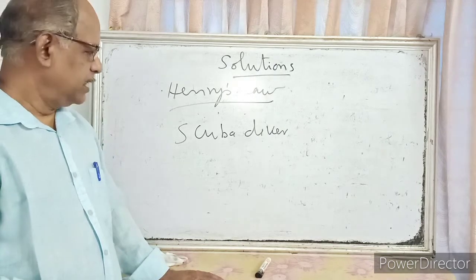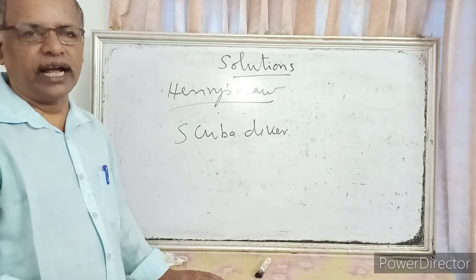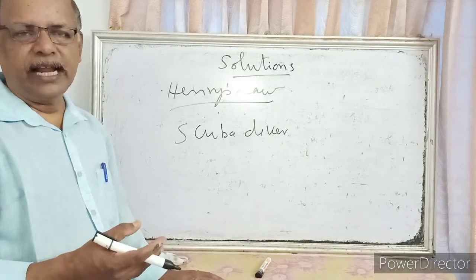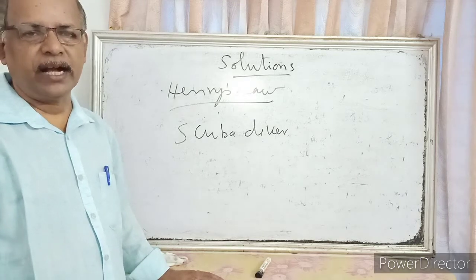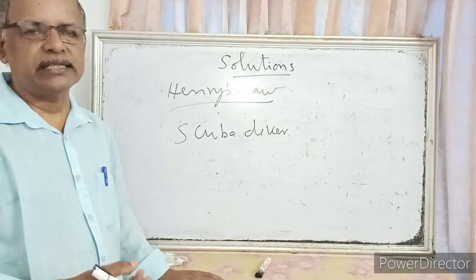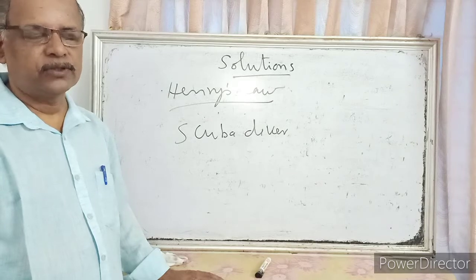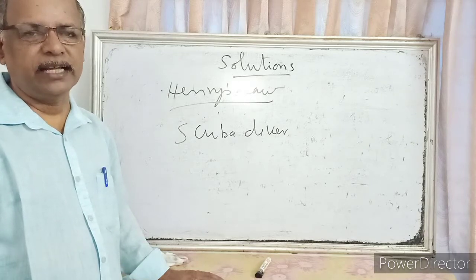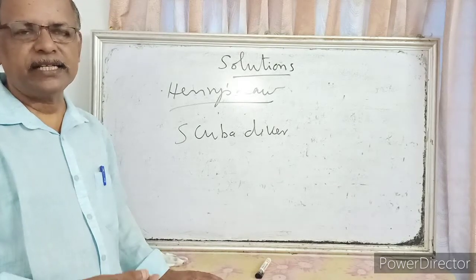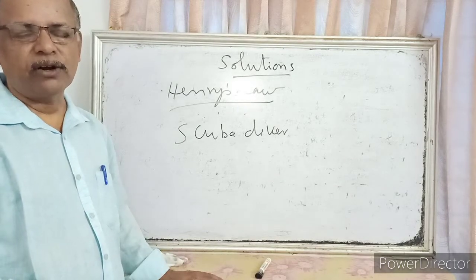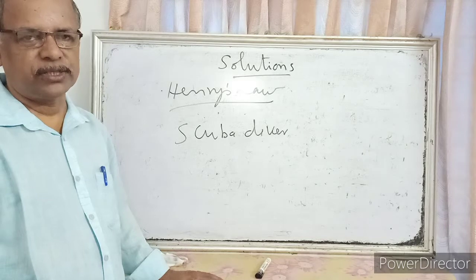The reason is, if you use air for dilution, when the diver goes deep into the sea, the pressure will be very high, so more air will dissolve in their blood. So more nitrogen will dissolve in their blood. But when they come back to the surface, the pressure is very low, so the dissolved nitrogen bubbles out.